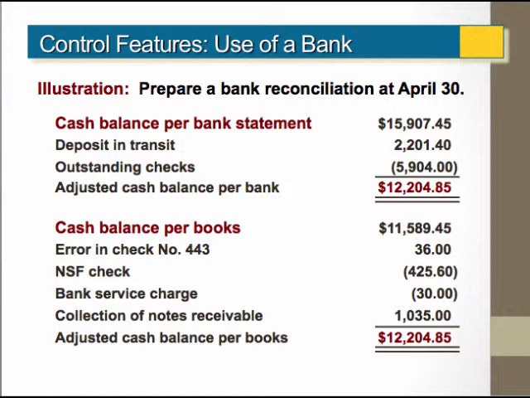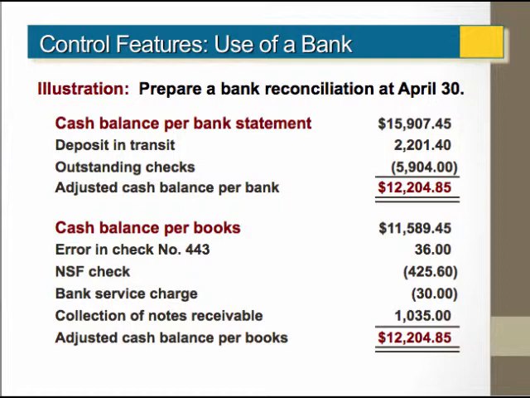We have an NSF check, which decreases our balance per books by $425, and we have bank service charges that decrease our balance, and then the bank collected the note receivable. Notice that the adjusted cash balance per books is the same amount as the adjusted cash balance per bank. So we have reconciled our bank account.